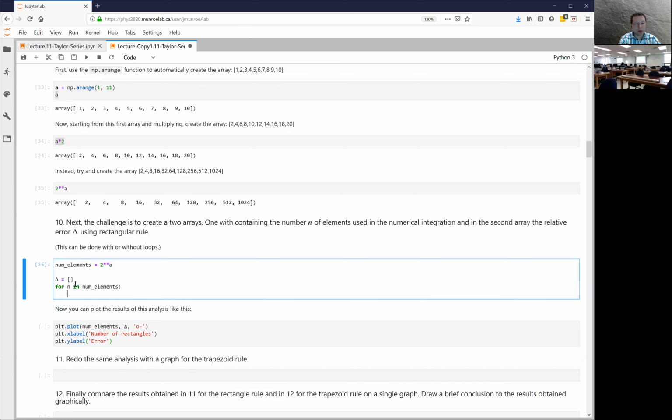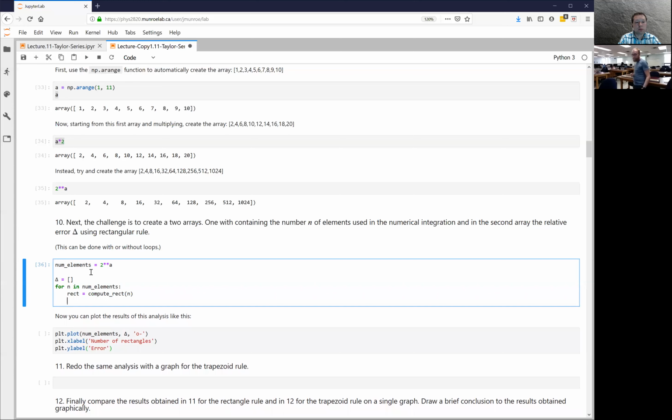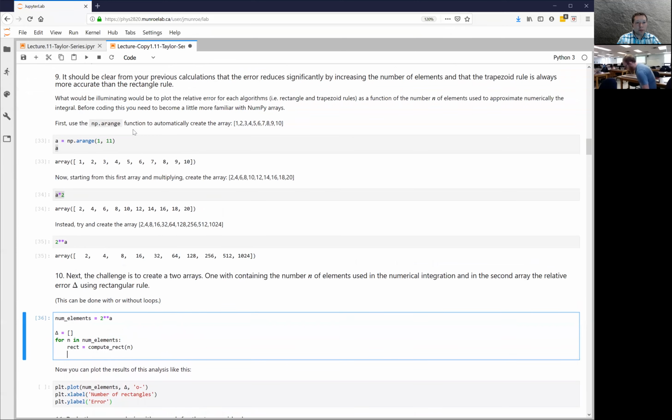So hopefully what you're thinking is something like, I'll need a loop where I pick off every one of these values in order. For each one of them, I'm going to calculate the rectangular rule using that number. For every one of them, I want to calculate the error.